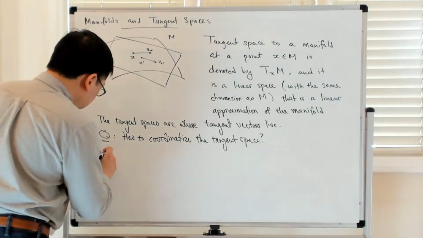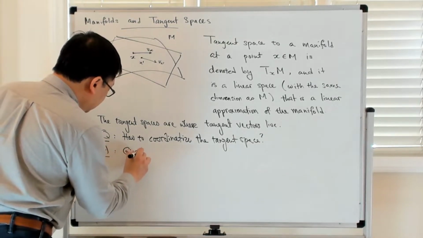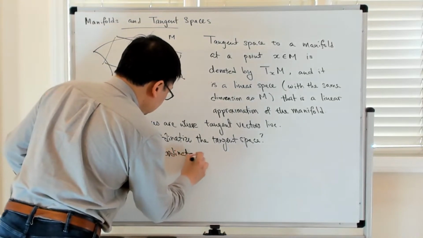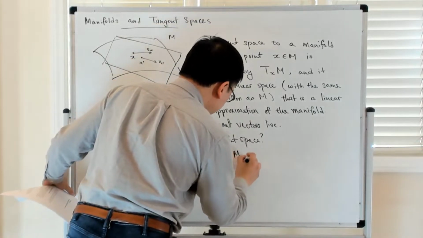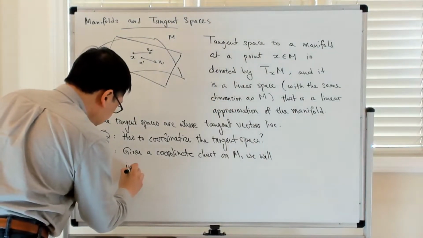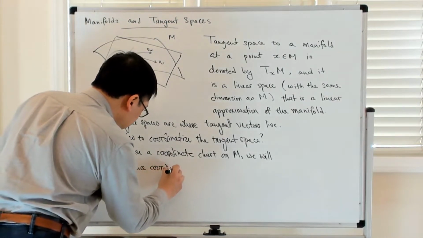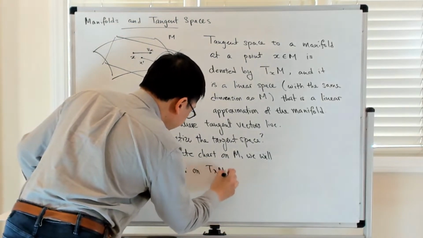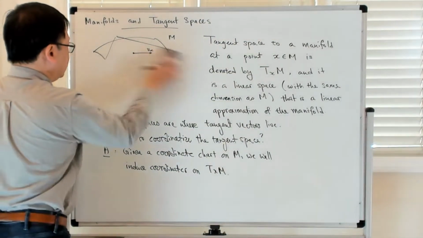So the answer, if you will, is that given the coordinate chart on M, we will induce coordinates on TXM. Okay, all right, so let's see what happens.